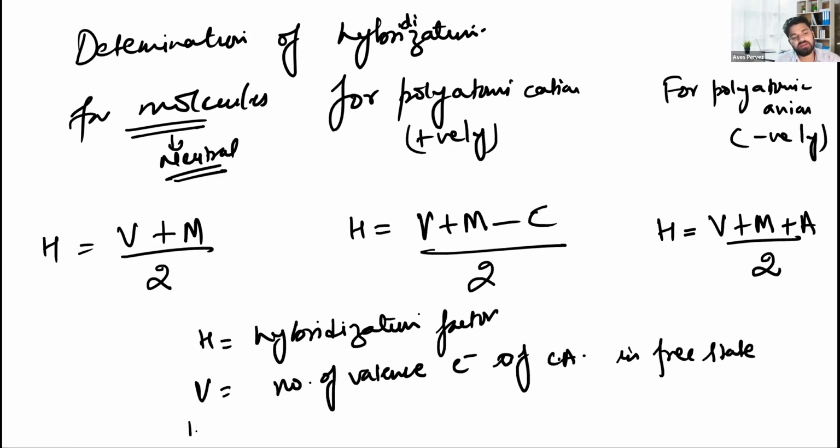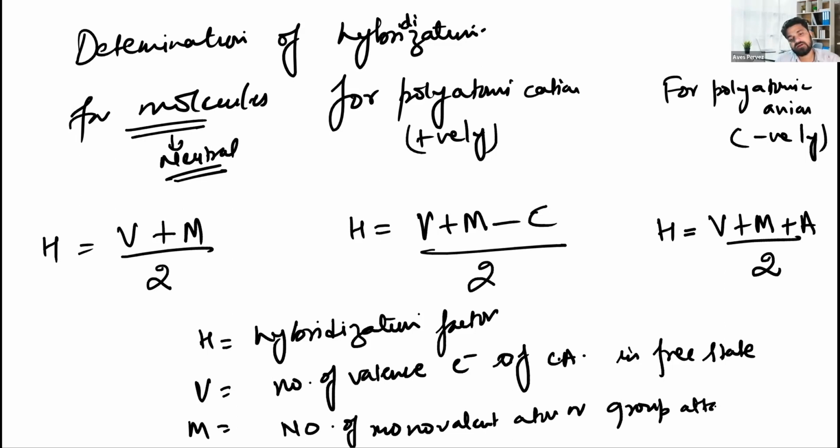And the third one, M, is the number of monovalent atoms or groups attached to the central atom.